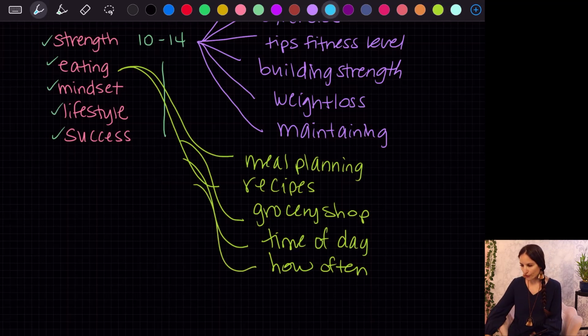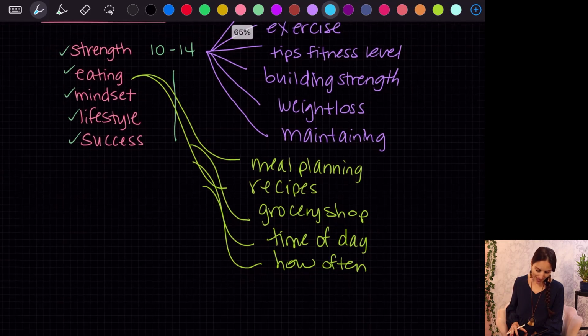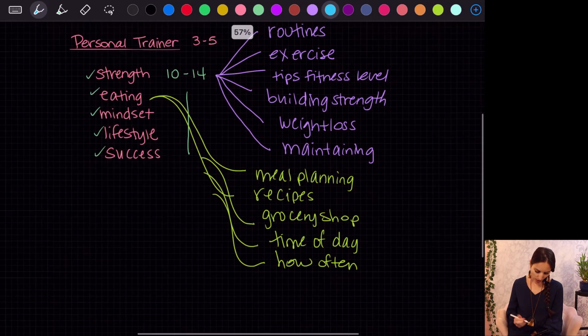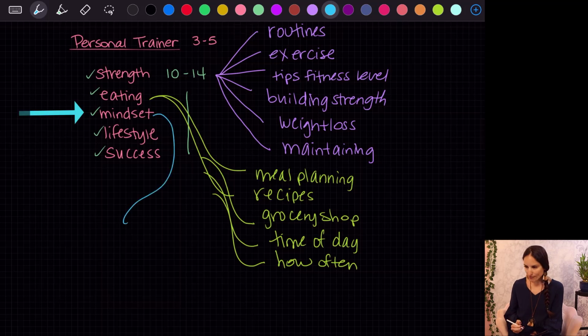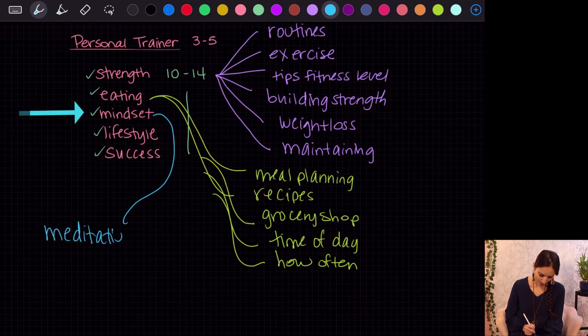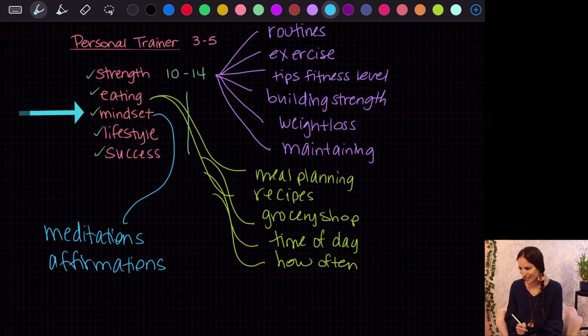I'll do one more for you because I think it is helpful. But we could also talk about mindset here. Let me make this smaller and we'll come here for mindset. So when it comes to mindset, maybe we need to talk about some meditations. Maybe we need to talk about some affirmations, knowing that we are strong and we are capable and we can do this.